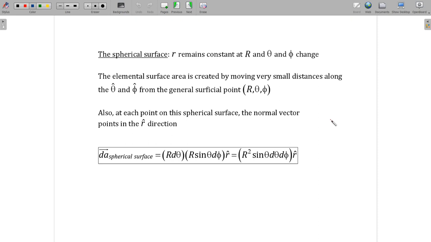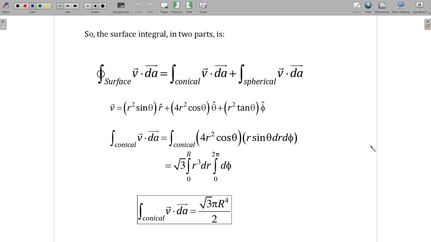So this is just an intuitive way of checking and verifying your answer. The small area element on this spherical surface is this, and r is capital R now. So we have the elemental area that we needed to calculate the right hand side integral of the divergence theorem.